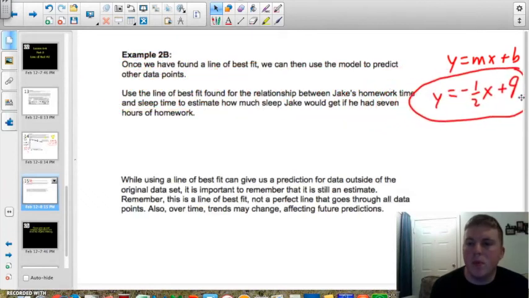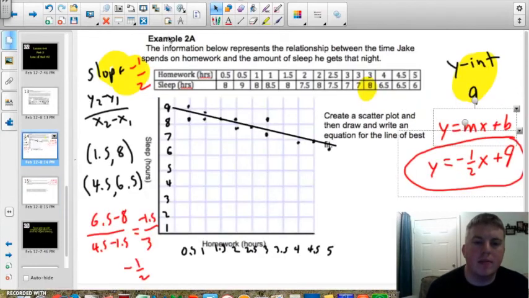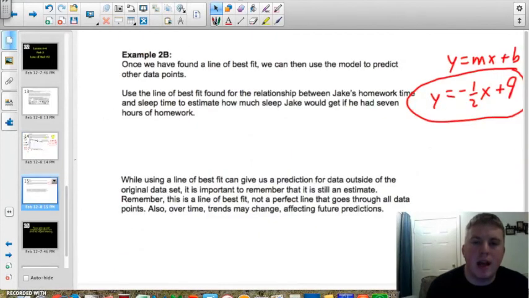Now, we can use this to predict other data points. So we want to use the line of best fit found on the relationship between Jake's homework time and sleep time to estimate how much sleep Jake would get if he had 7 hours of homework. If we go back to our graph, remember homework was our x value and sleep was our y value. So if we have 7 hours of homework, we're going to plug that in for x.